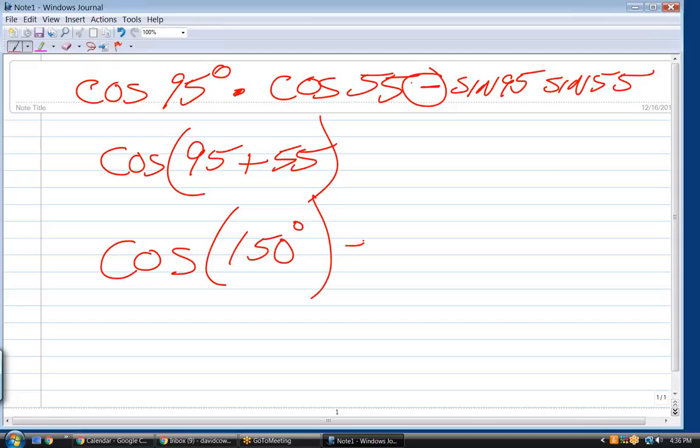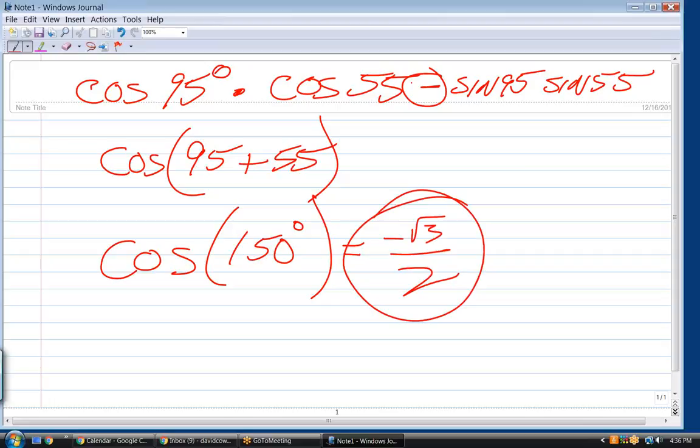What's the cosine of 150? Negative root 3 over 2. And that's your answer. Notice that each of these angles is a peculiar angle. It's not a multiple of 30, 45, or 60.